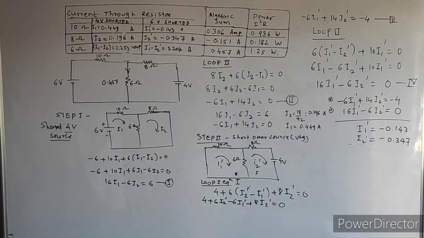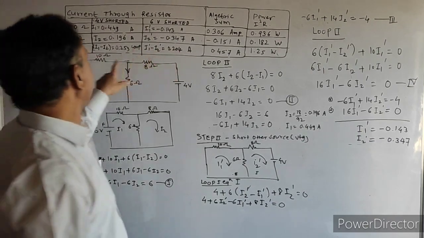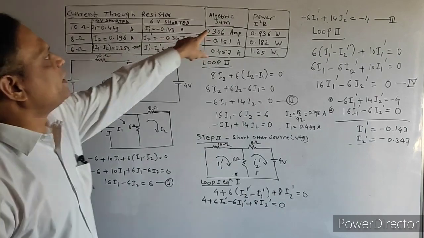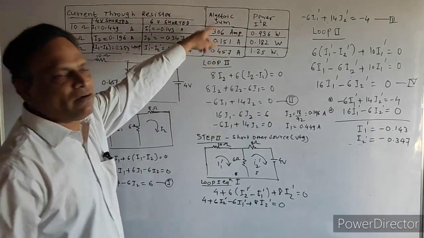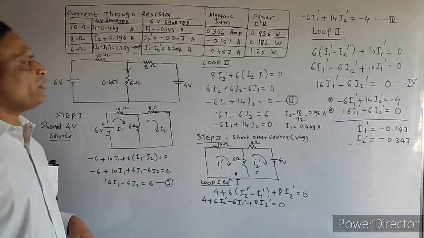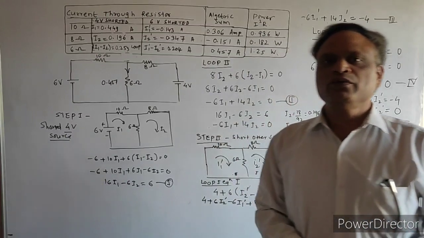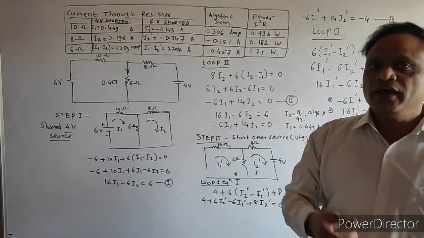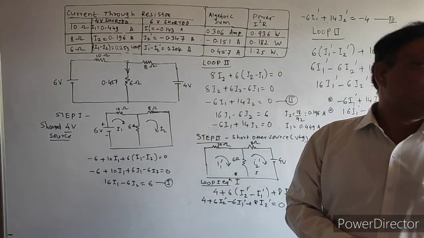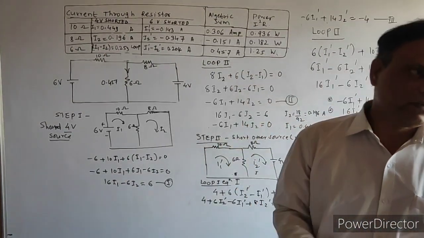Similarly for the 10 ohm, the effective current, that is the current obtained after the algebraic sum, multiplied by the resistance will give the voltage drop across it. This problem can also be solved using Norton's method, and we will see this method in the next session. Thank you very much.